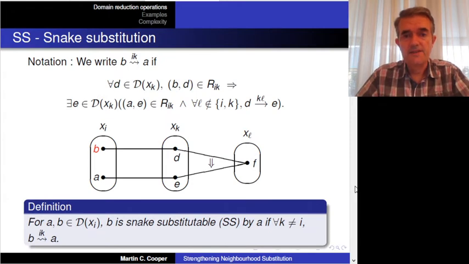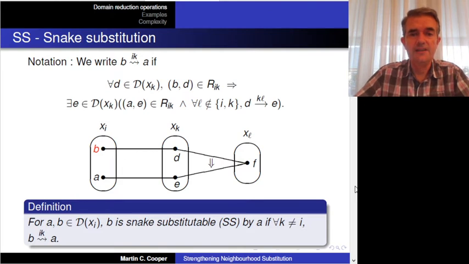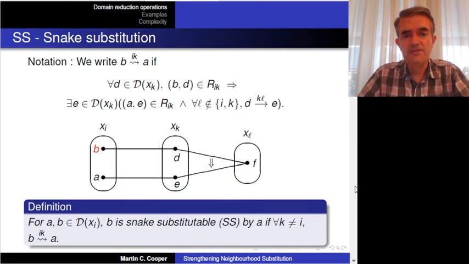Now, snake substitution is just looking at the next level, adding an extra variable. For example, if between variables xi and xk you have an equality constraint, then neighbourhood substitution could eliminate no value. But snake substitution may be able to eliminate values.